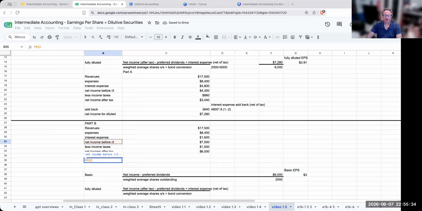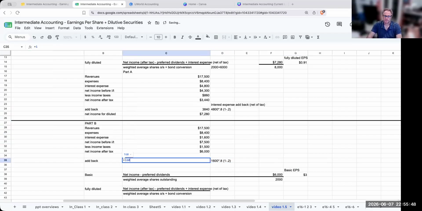When I add it back, it has to be net of tax. So this is my interest expense, 1,600 times 0.8, or 1 minus 0.2, and I get 1,280. So my net income for diluted is going to be 7,280.